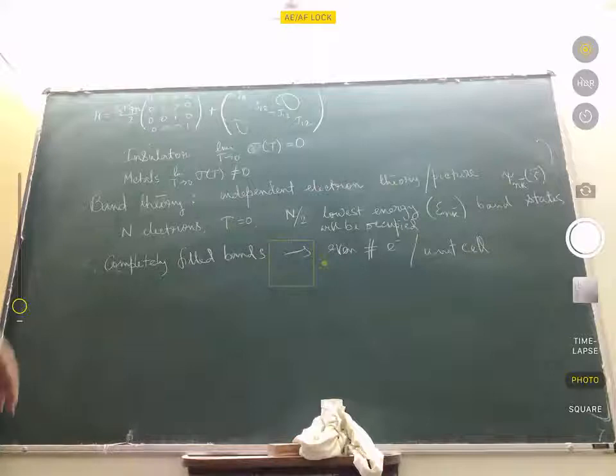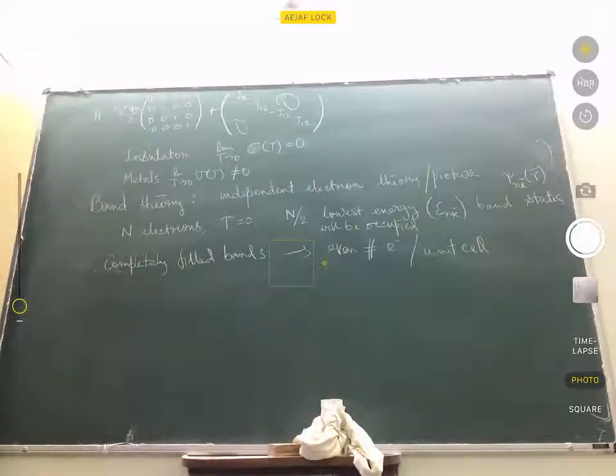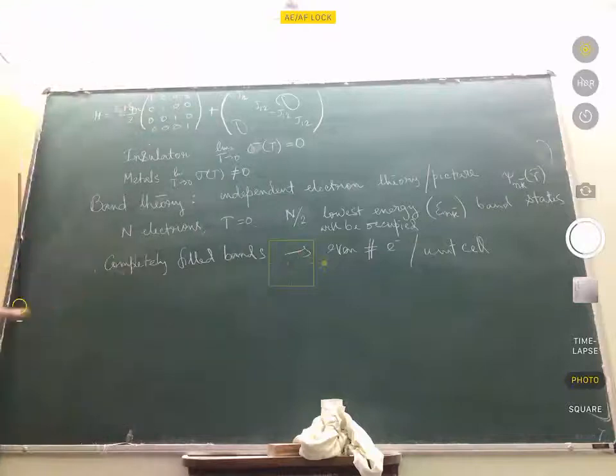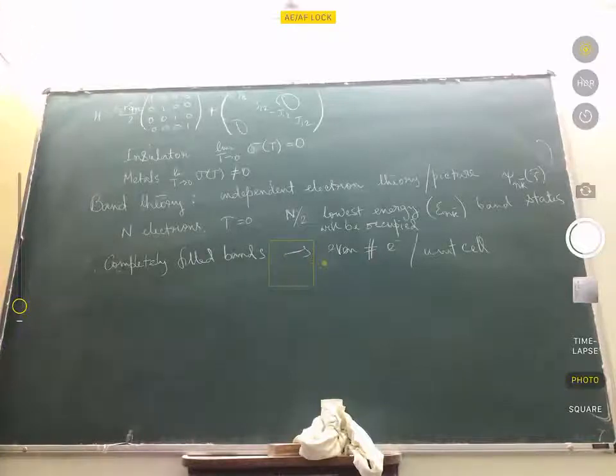Because if you have N states in a band, you have to have 2N electrons, and you have N states in a band when the number of real space unit cells is N. So in order to have 2N electrons, you have to have 2 electrons per unit cell. So the number of electrons per unit cell has to be even if you have to have completely filled bands and an insulating state.